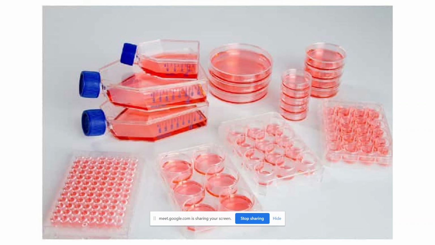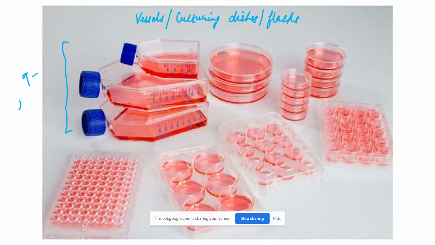So in cell culture, what happens is we use different kinds of vessels or culturing dishes or flasks in order to cultivate our cells. So these flasks which you are seeing here are actually called T flasks.